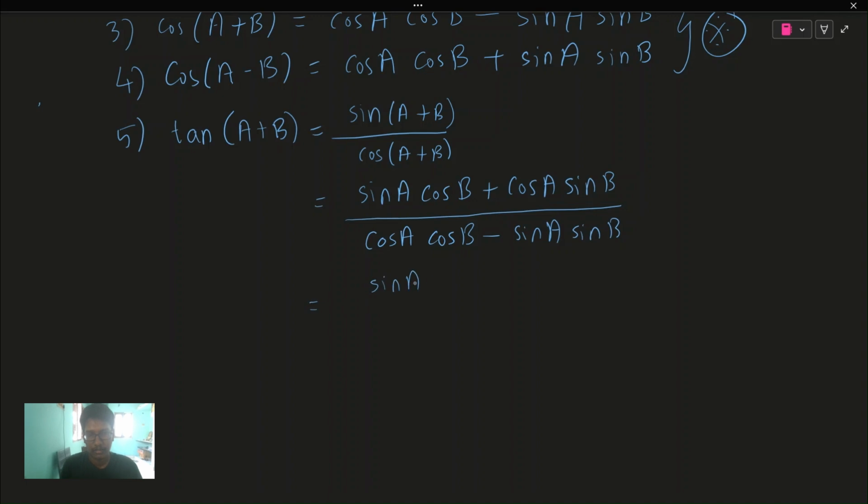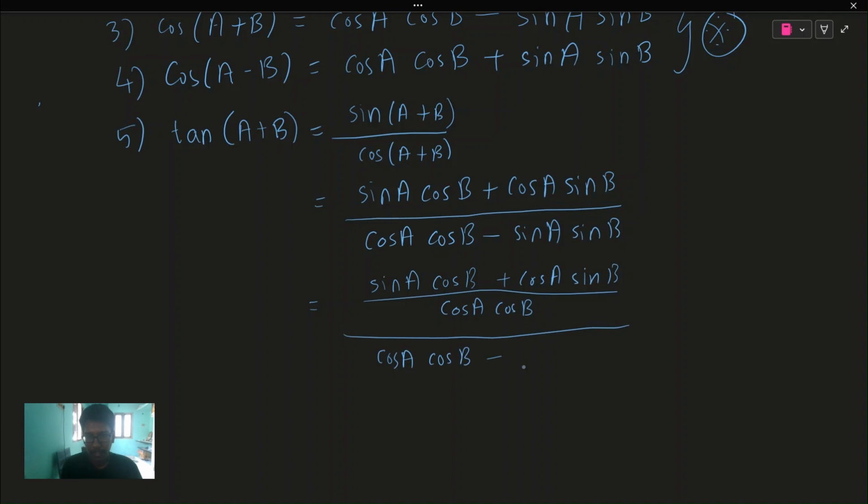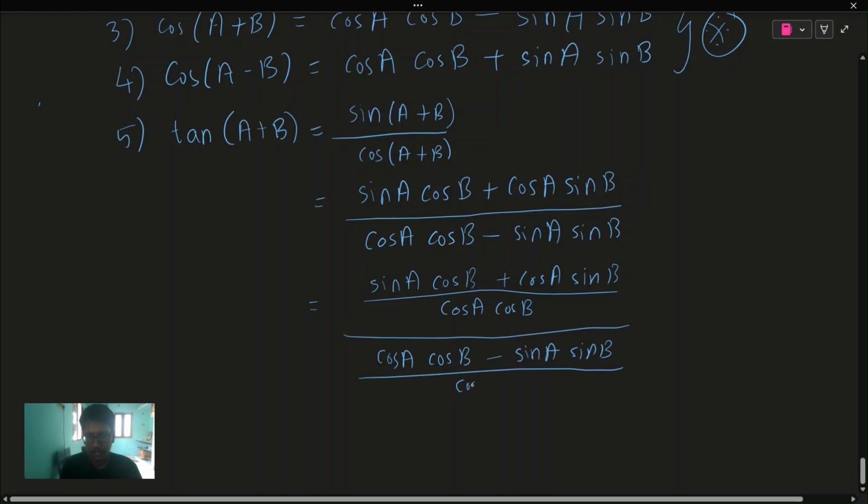Sin A cos B plus cos A sin B whole divided by cos A cos B, divided by cos A cos B minus sin A sin B whole divided by cos A cos B.